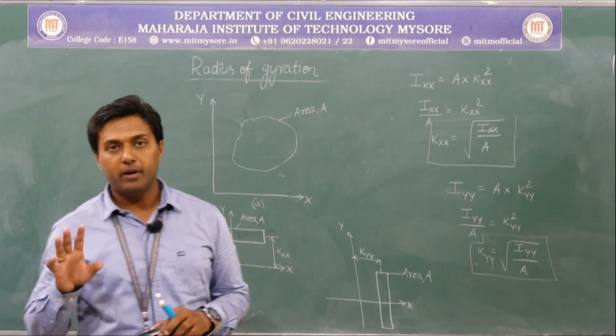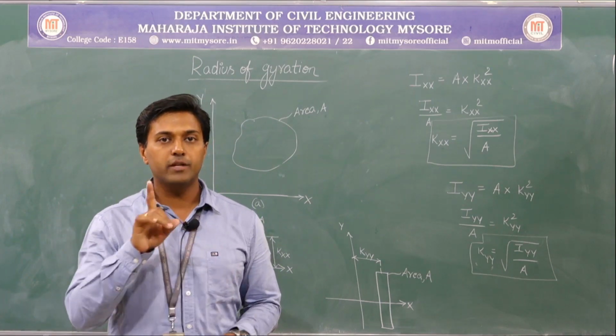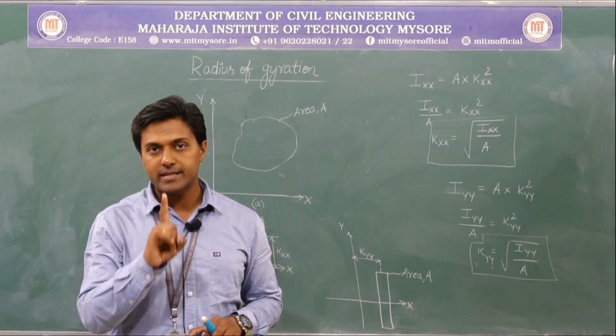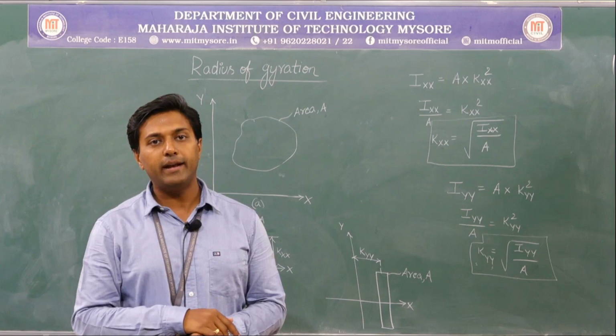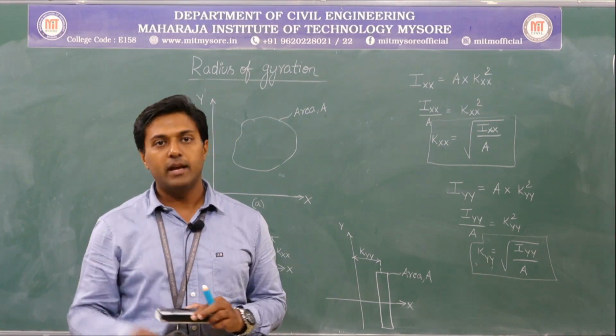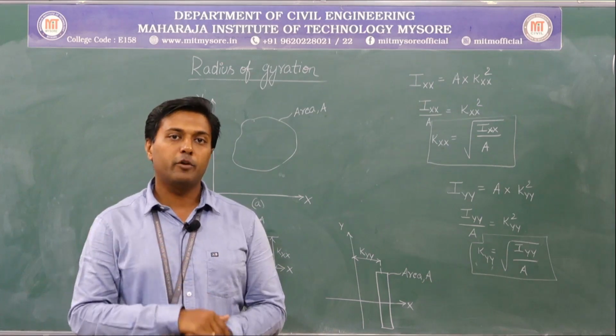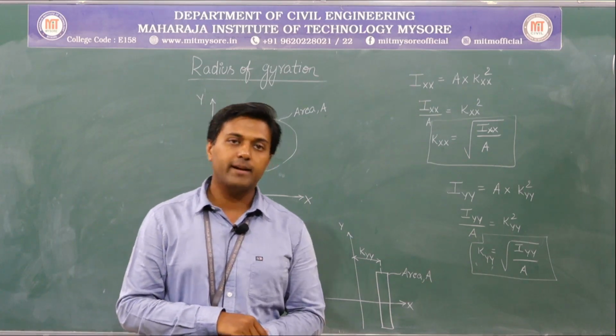Now remember, totally 5 formulas we have derived. One is for moment of inertia about xx axis: Ixx is equal to integral of y square dA. The second one is Iyy, moment of inertia about yy axis, which is equal to integral of x square dA.